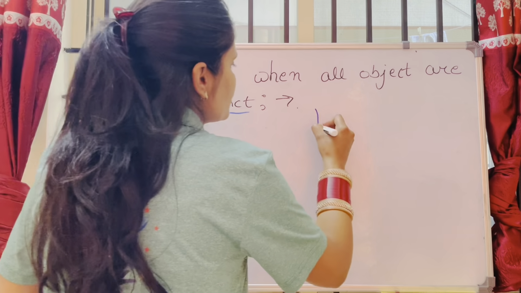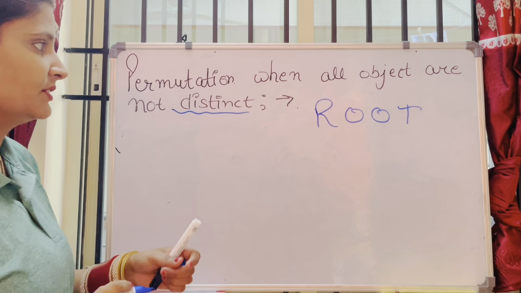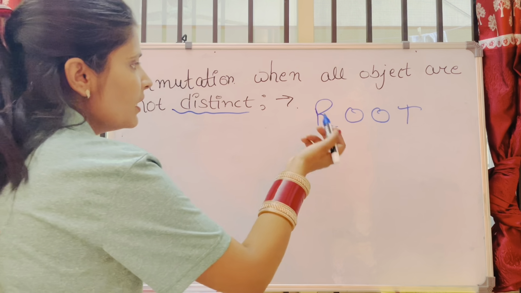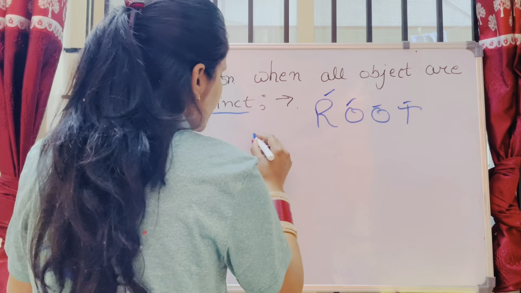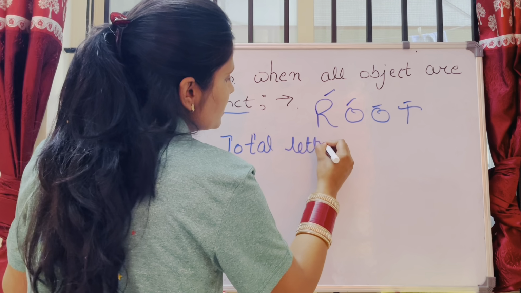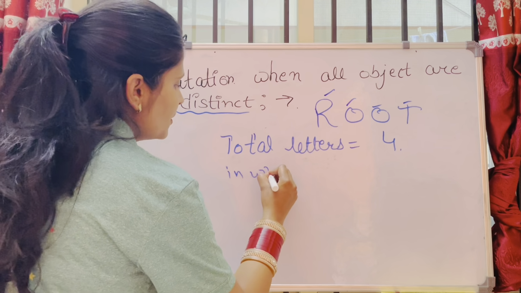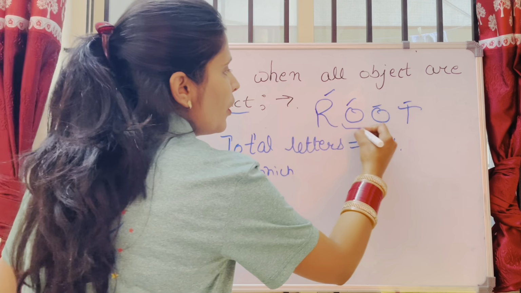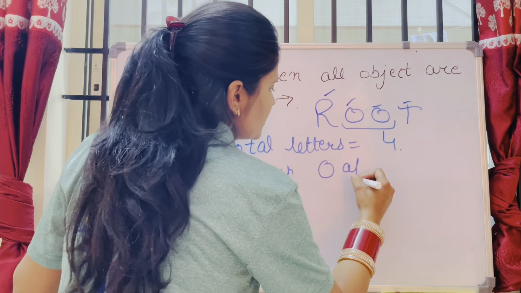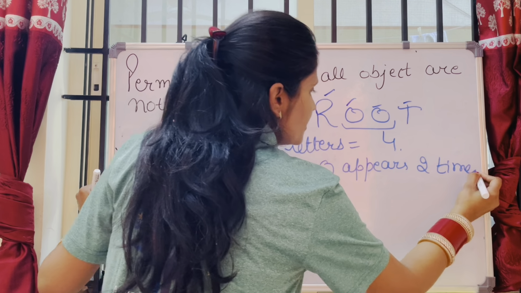For example, ROOT. To find the total number of permutations. So here, how many letters are there? There are 1, 2, 3, 4 letters in total, in which O appears 2 times, right?